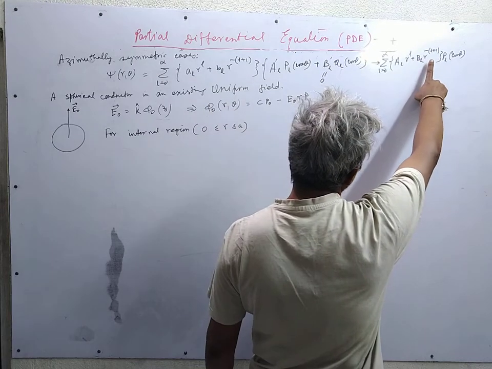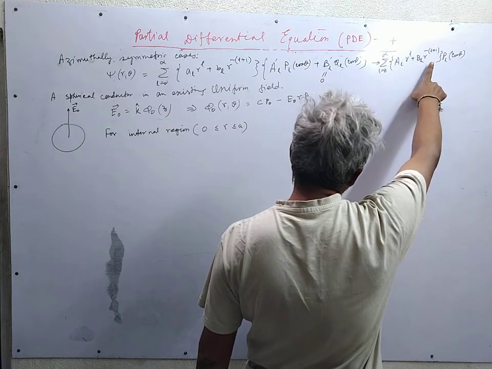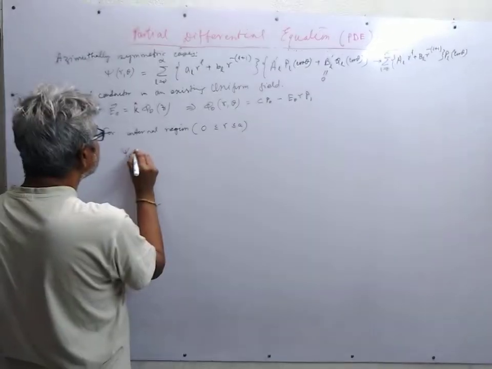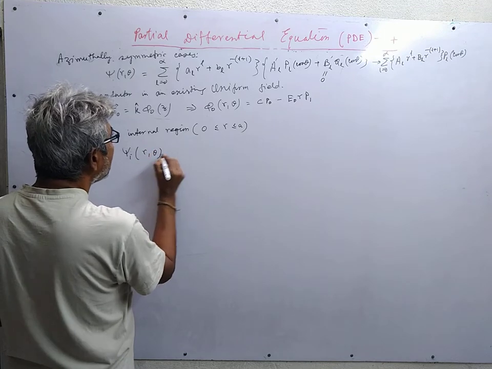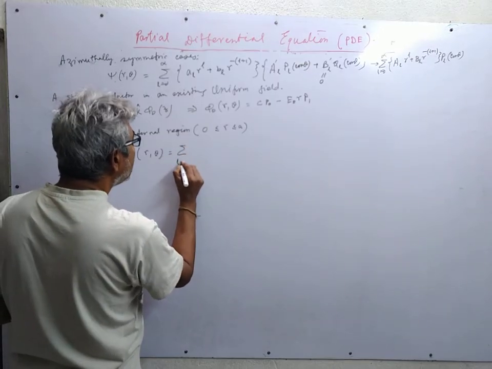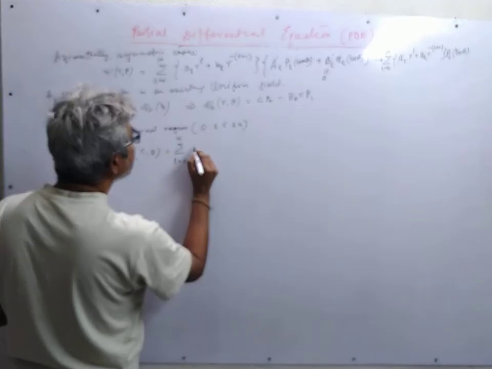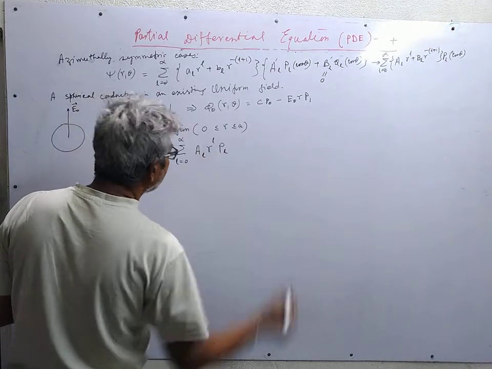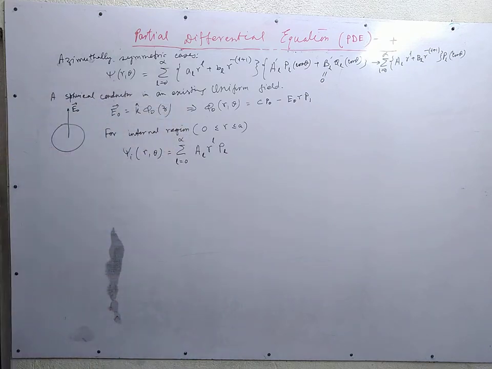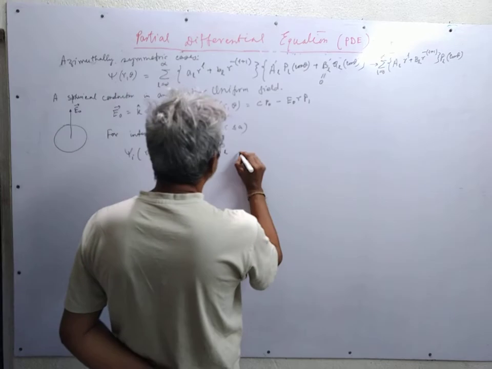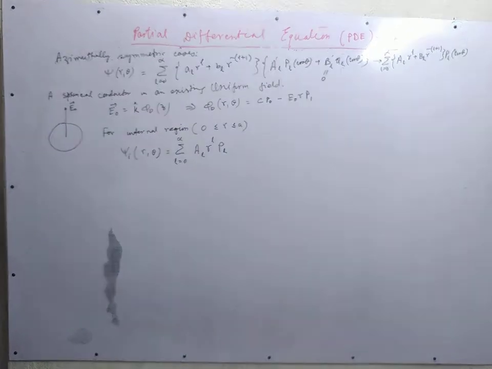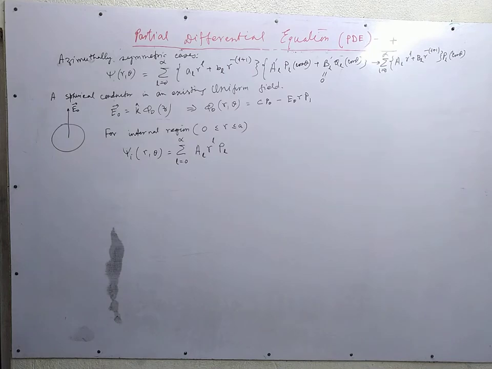If we put r equal to 0, there is a divergence, so there is no B term. We have only this term. So for the internal region, phi of r, theta is the sum over L from 0 to infinity of A_L r to the power L P_L of cos theta, which is finite, which ensures the finiteness of the solution.